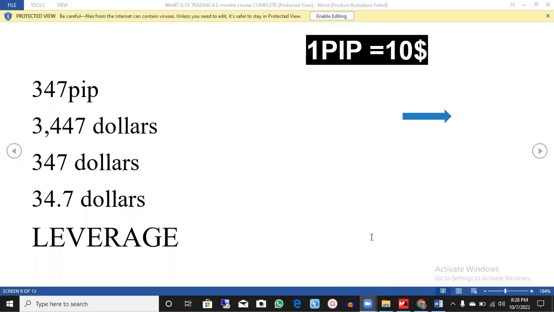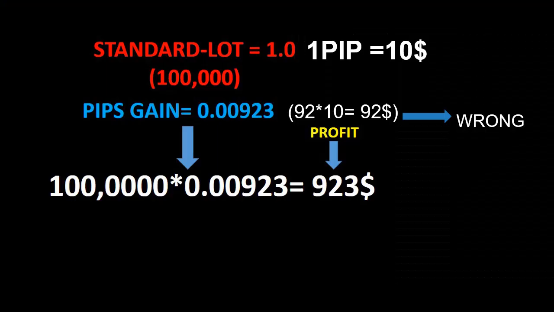But this calculation will not be correct. So this is how the calculation should be. I was mentioning yesterday about fractions. The higher the lot size, it becomes important that we count the fraction. So let's say we made 0.00923.